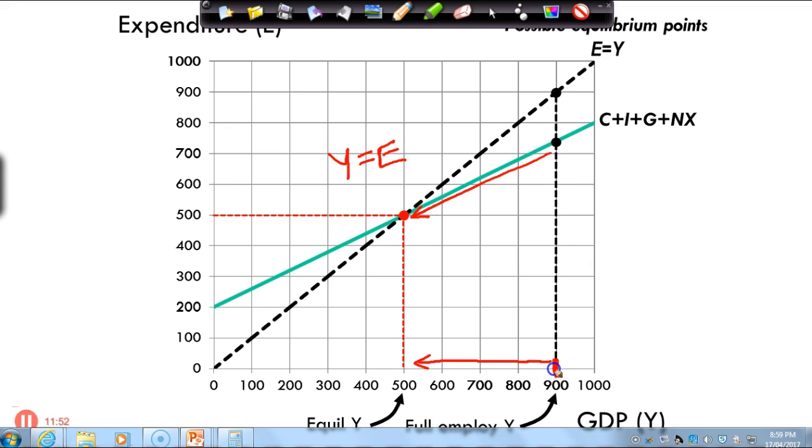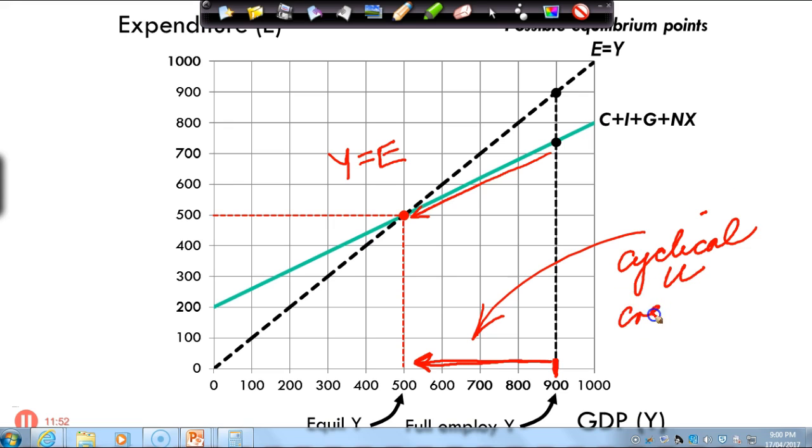If this was full employment, and the economy naturally tends back to a level of output below full employment, it means that cyclical or demand-deficient unemployment will have been created by the economy.